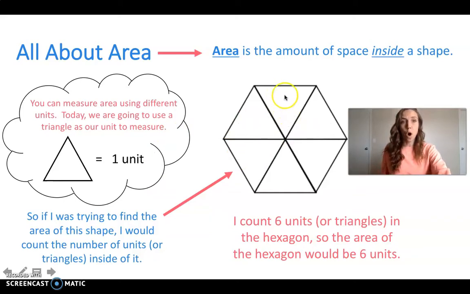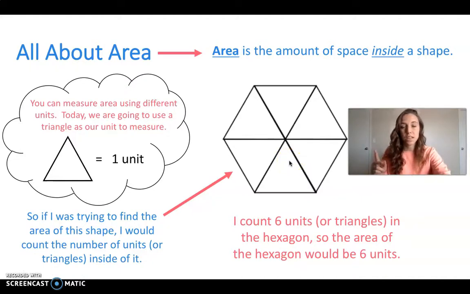I have 1, 2, 3, 4, 5, 6. I have 6 units, or our little triangles, because that's what we're using for our units. So I have 6 units in the hexagon. So the area of this hexagon would be 6 units because it takes 6 units to fill up the inside of that shape. All right? Okay. So far, so good.